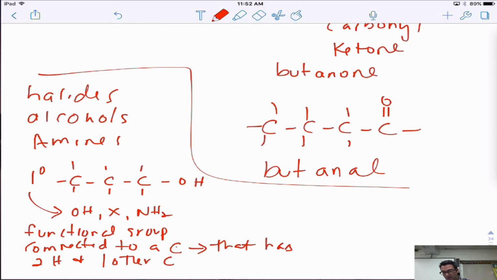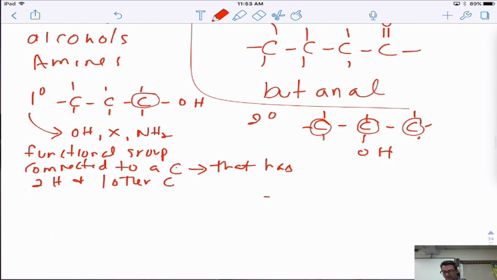So they call it primary because this carbon that it's attached to is attached to 1 other carbon and 2 hydrogens. If we have secondary, we would have where the OH or the amine or whatever it is that we attach is attached to a carbon that is attached to 2 other carbons. 1, 2.